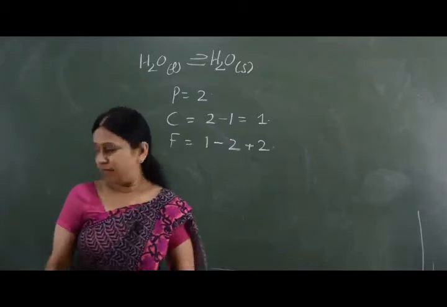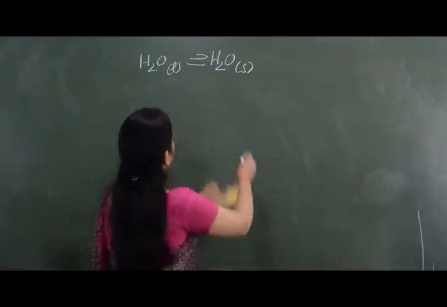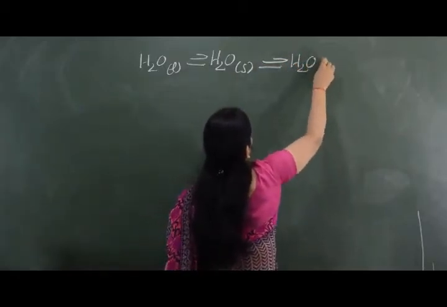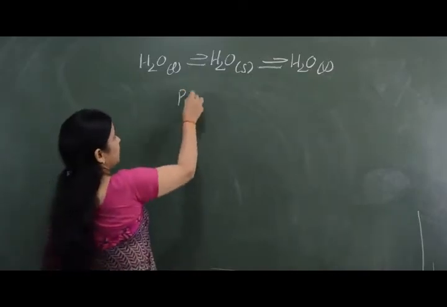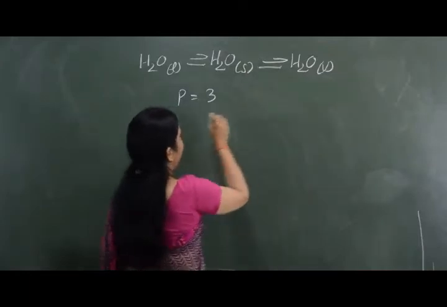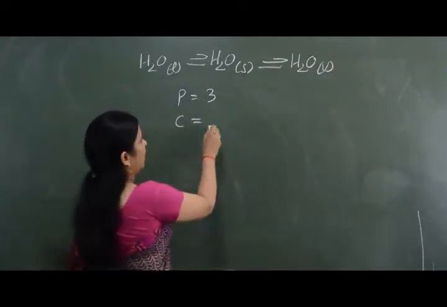Now if we have another equilibrium here, which is water in vapor state, the phases are 3: liquid phase, solid phase and vapor phase, but the component is going to remain 1. Why?